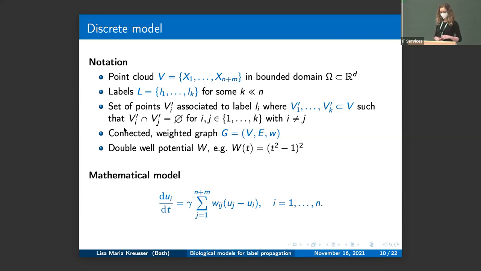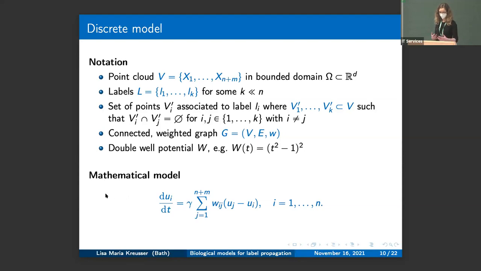In addition, we assume that we have some kind of connected weighted graph G given, which consists of the nodes V. Those are just the points x_1 to x_{n+m}, some edges E, and the associated weights based on this graph structure which we looked at earlier.